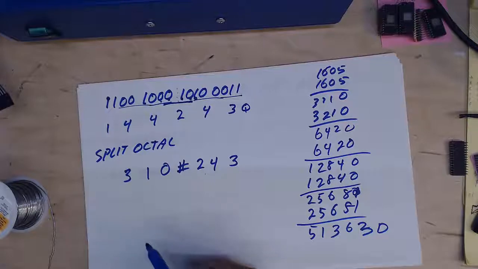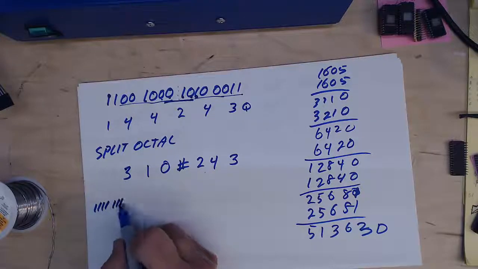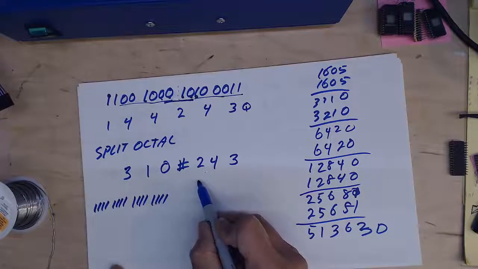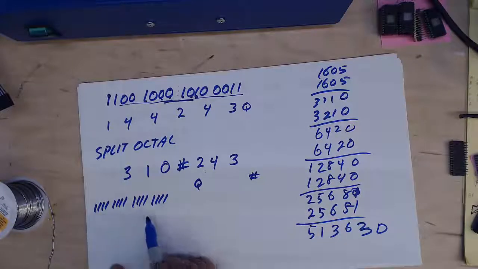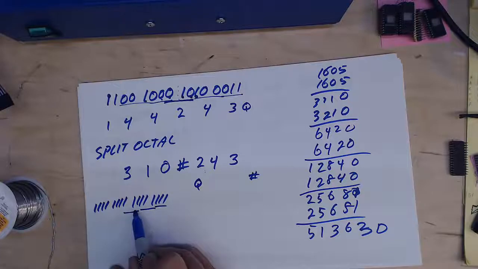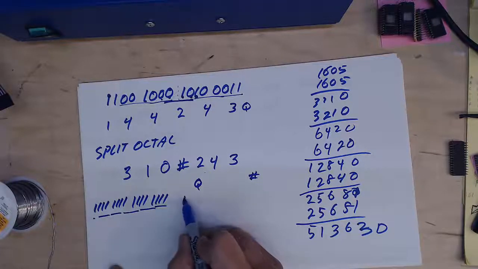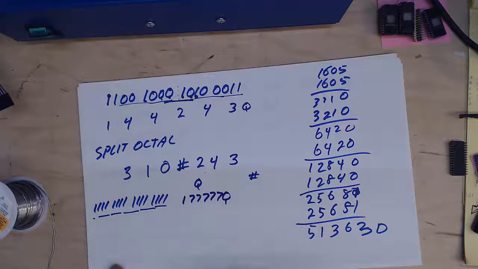So let's look at a couple of key values. 1, 2, 3, 4. Okay, if we look at this in octal or split-octal, in octal we divide that up. That's going to be 7, 7, 7, 7, 7, 1. And so this is going to be 1, 7, 7, 7, 7, 7 in octal.